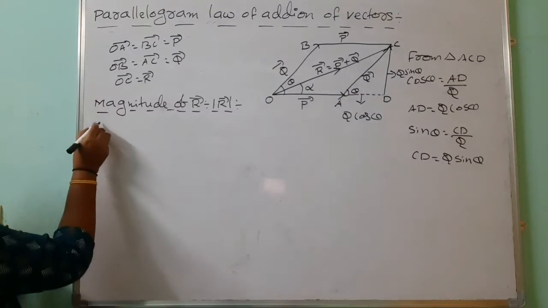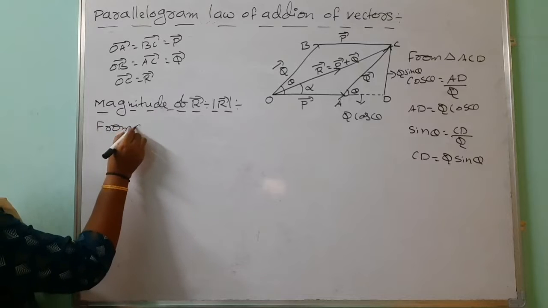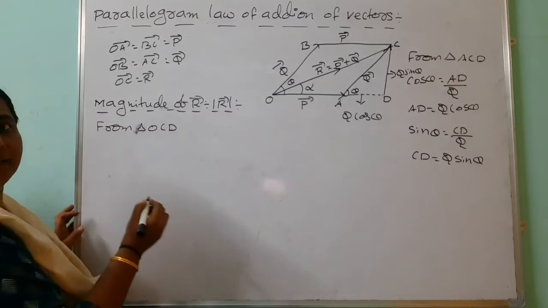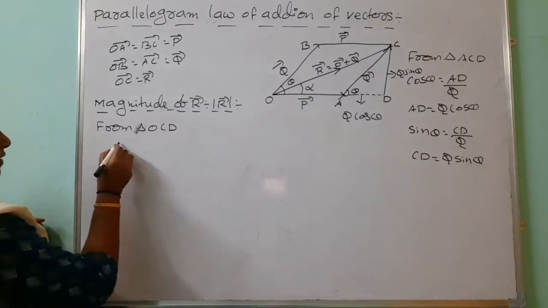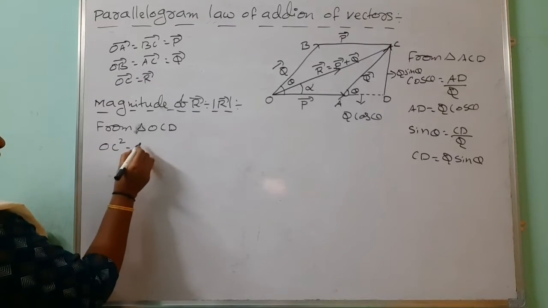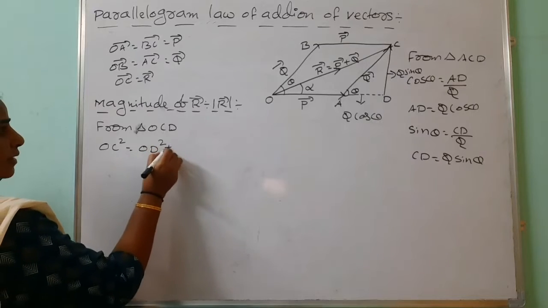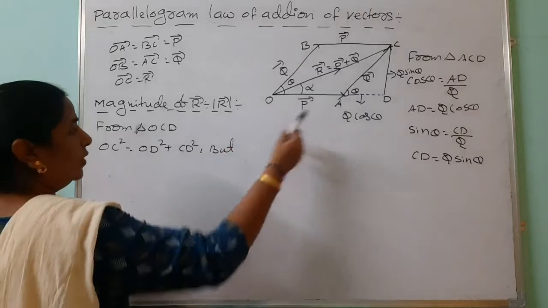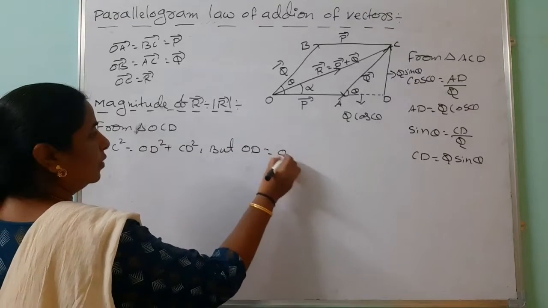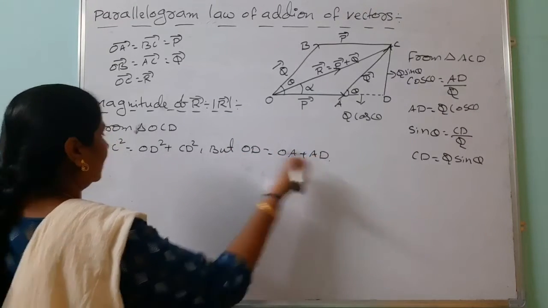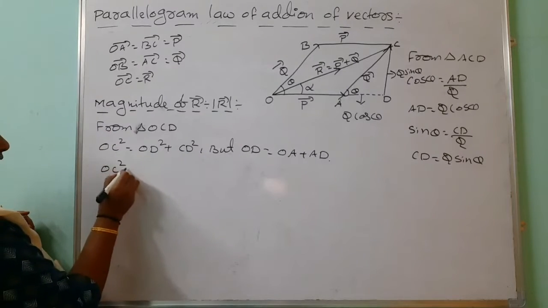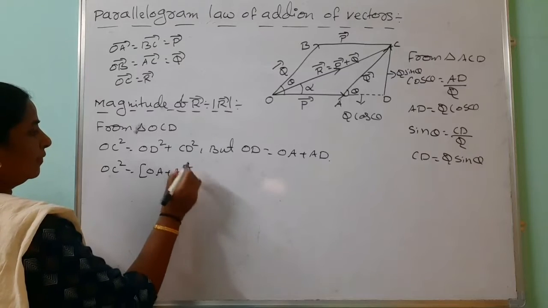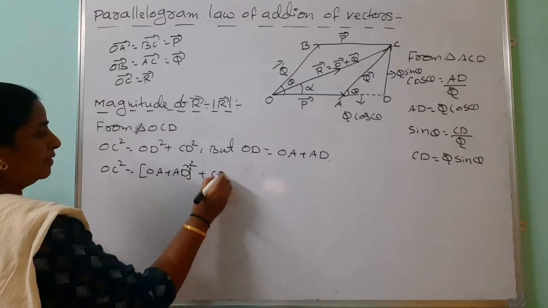See, from triangle OCD, we can write OC square equals OD square plus CD square. But OD equals OA plus AD. We substitute in this: OC square equals OA plus AD whole square plus CD square.